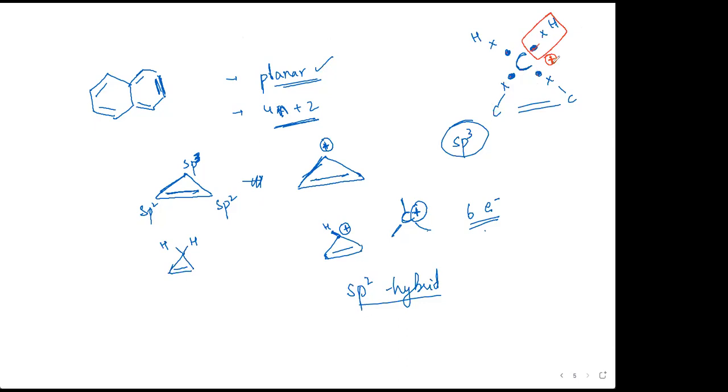So that's why now it has 6 electrons and 1 positive charge. It has 6 electrons, and what was the next step? We find the hybridization. So once you confirm 6 electrons means 3 orbitals, so sp2.